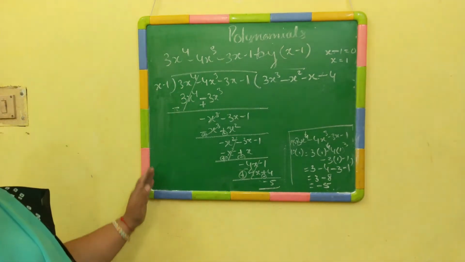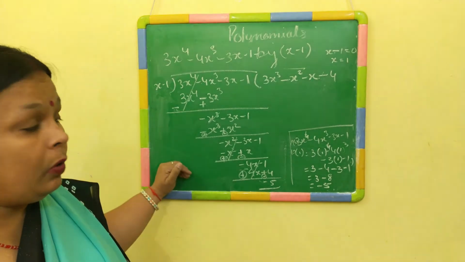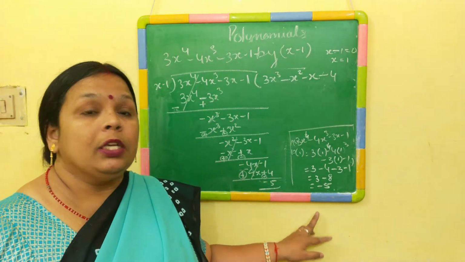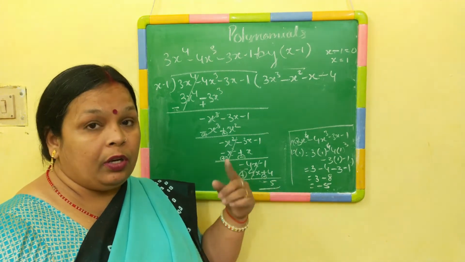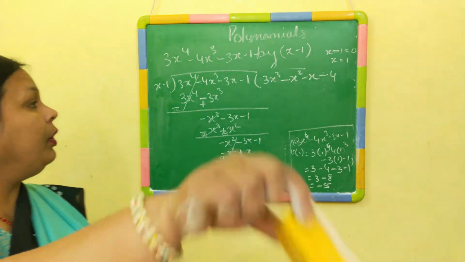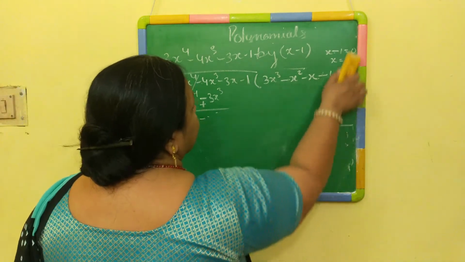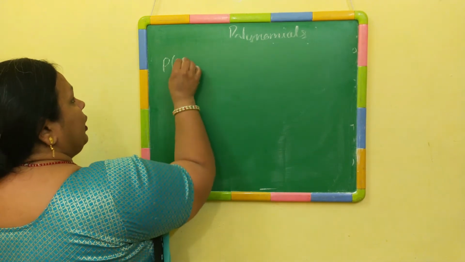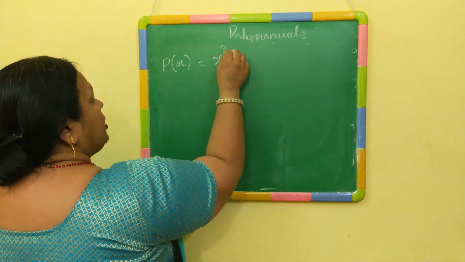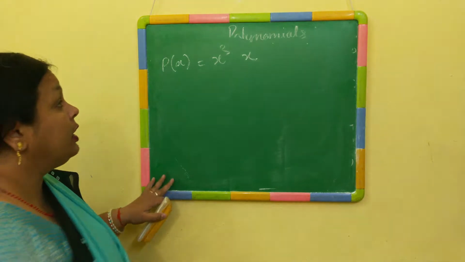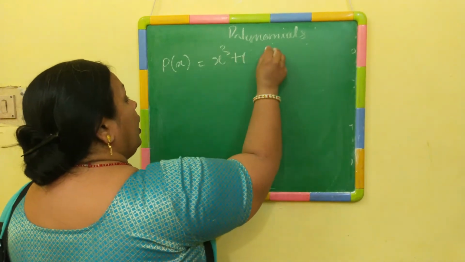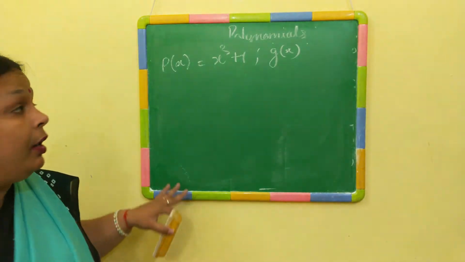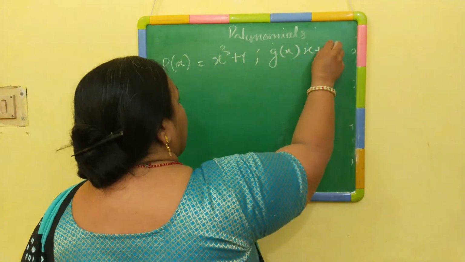So even after doing the long division method for the polynomial or substituting the value here, we are getting the same value. We'll check one more example, where p(x) is x cube plus 1, and g(x), the second expression with which we will be dividing, is x plus 1.